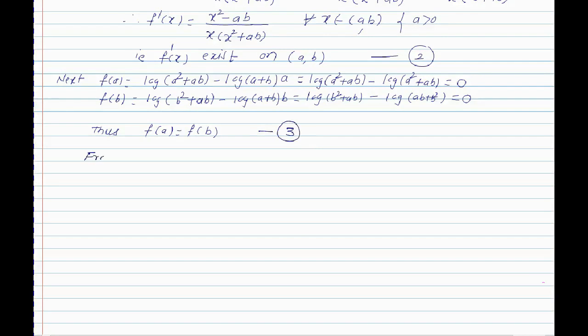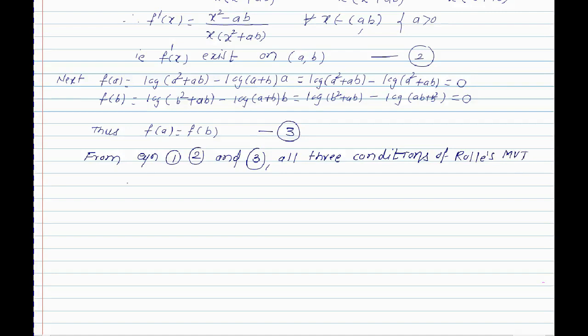So from equations 1, 2 and 3, all conditions of Rolle's mean value theorem are satisfied on the closed interval a to b, where a is a positive number.